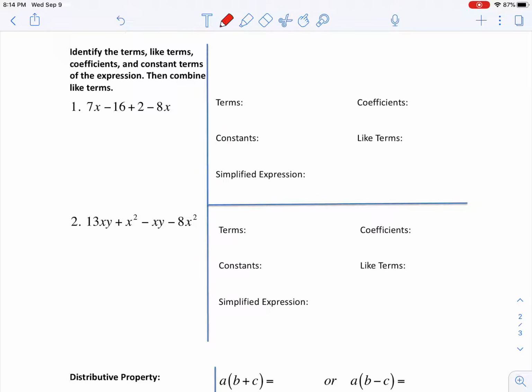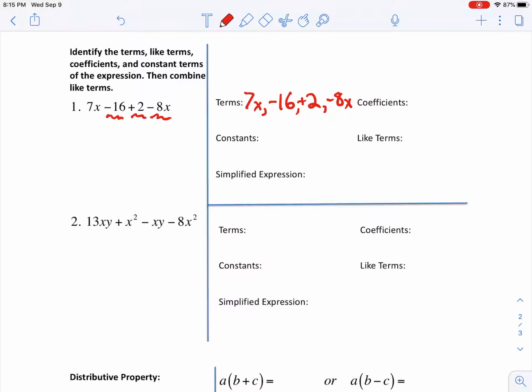Anytime we see a plus or minus sign, that's a new term. So we have 7x, and I like to separate them out of my list with commas, just so we know that there's the difference. Then the next one is negative 16, positive 2. Sometimes I do put that plus sign there just to help me remember that it's a positive, and then negative 8x.